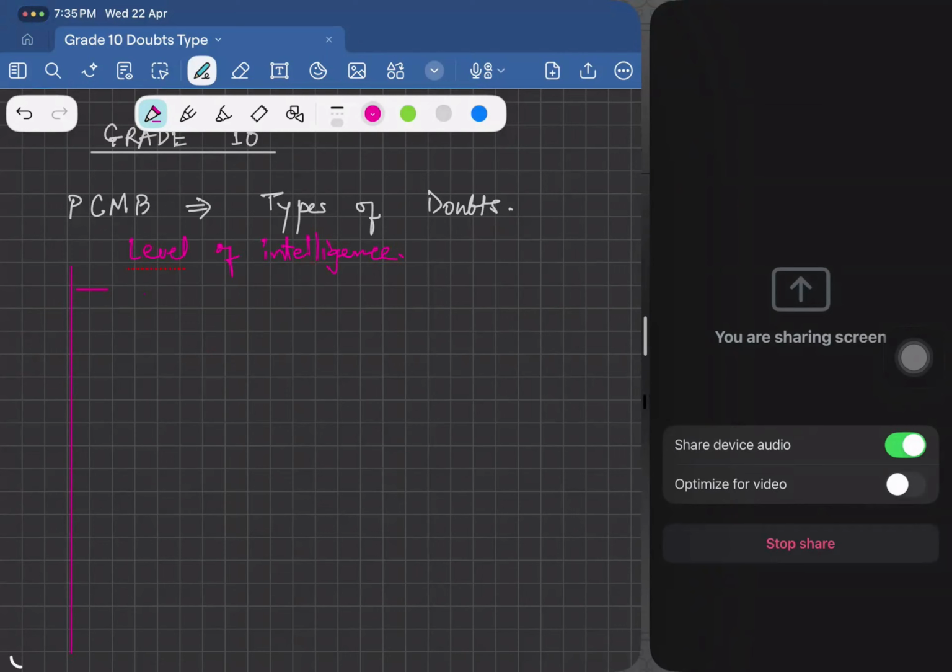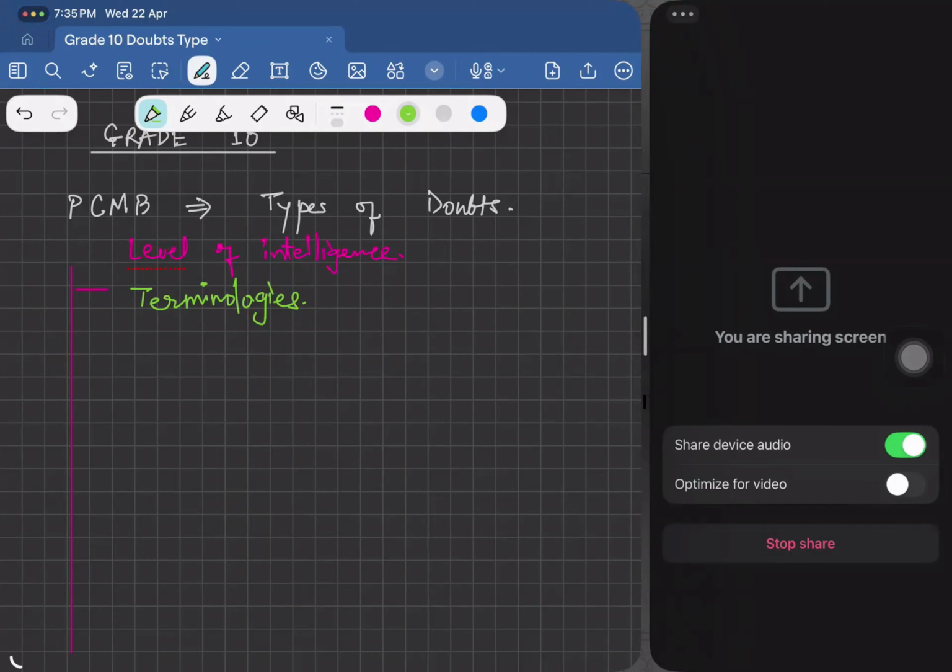The very first level of intelligence is that you need to know about the terminologies. Whatever you're learning, if you're learning about Zoom itself, you need to know what Zoom is. Zoom has a screen sharing facility. You can record the session on Zoom.